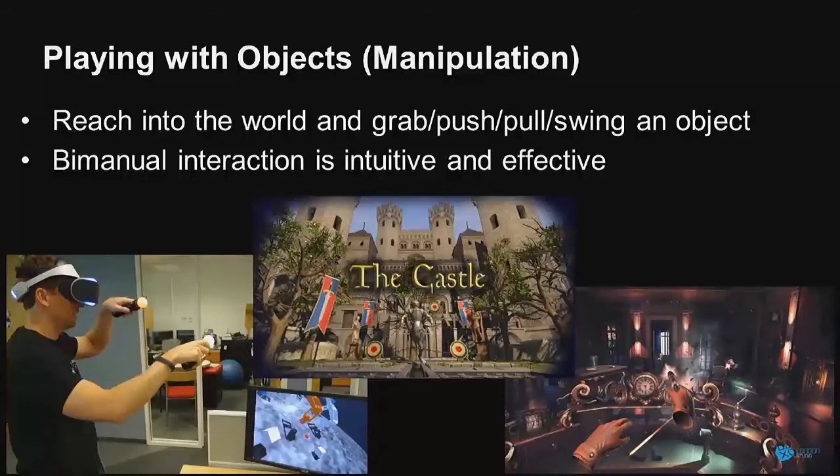So, playing with objects. Joe just talked about this quite a bit, manipulation. So I'm going to just talk about it from a little bit more applied point of view. We first made in VR this demonstration called the castle. And it was one of the big moments for me when I really got excited about VR again.